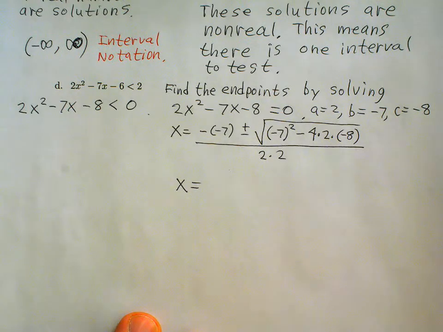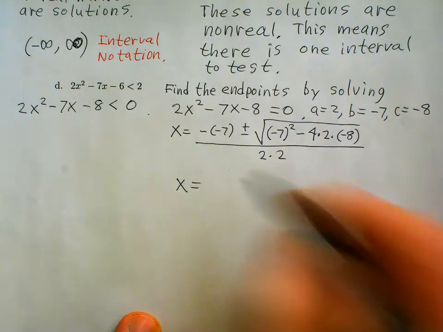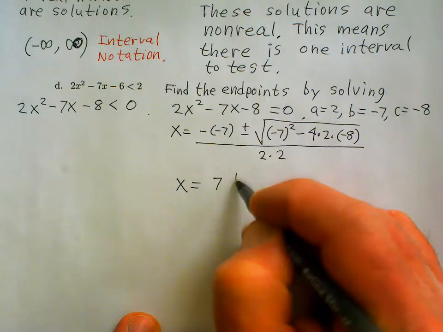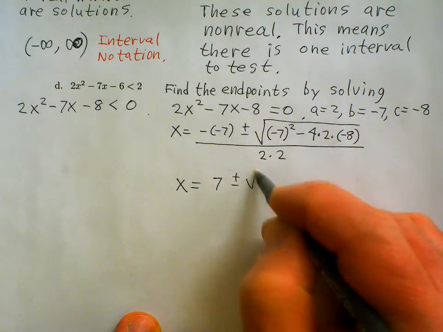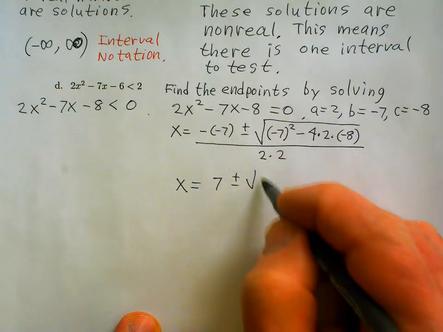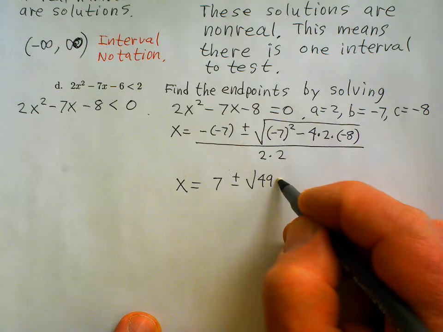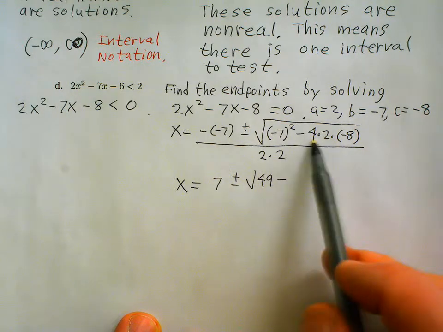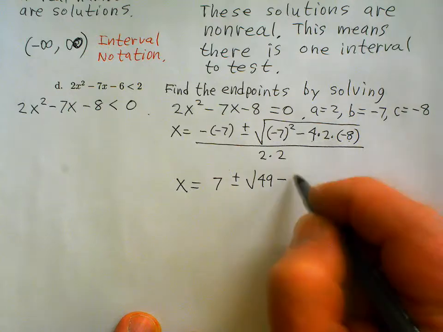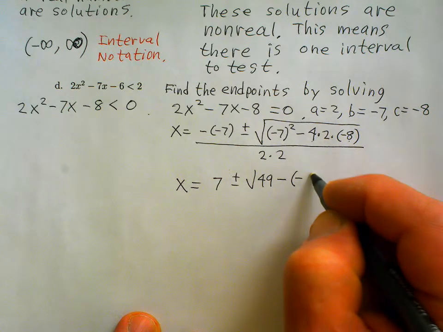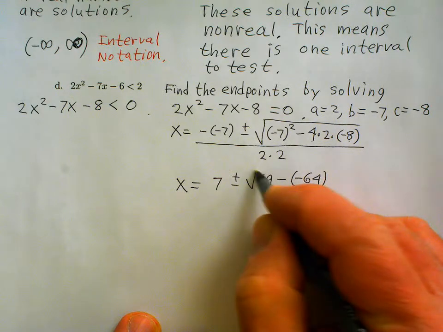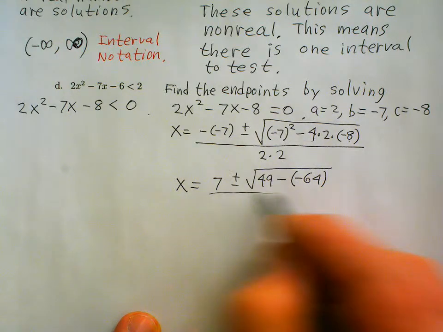And then the arithmetic. The negative of negative 7 is 7, plus and minus the square root of 49 minus 4 times 2 times negative 8 is minus negative 64, all divided by 4.